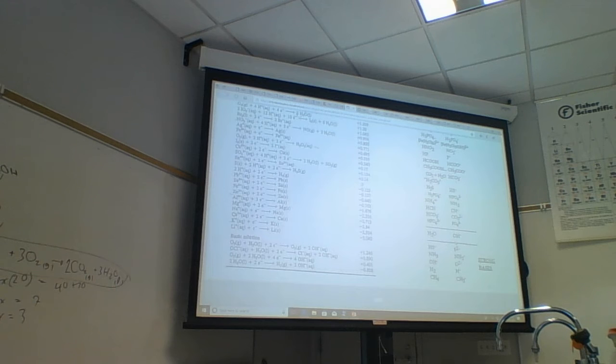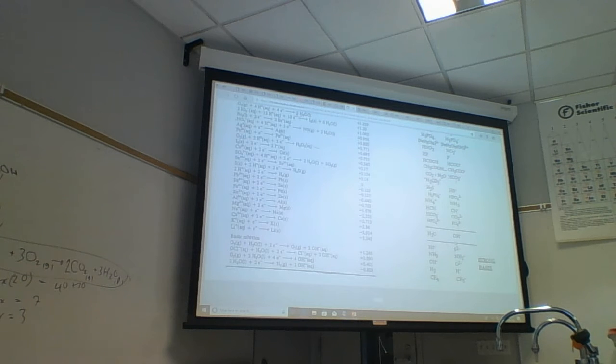Yeah. Rubidium hydroxide? Yes. Lithium hydroxide, strong base? Ammonium hydroxide? Yeah. Calcium hydroxide, strong base? Yeah. Strontium hydroxide, strong base. Barium hydroxide, strong base.